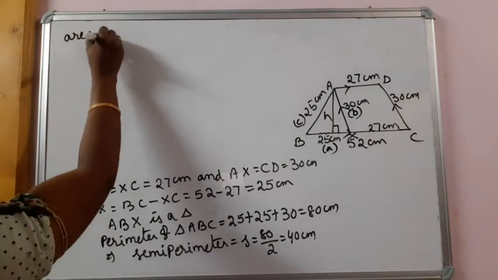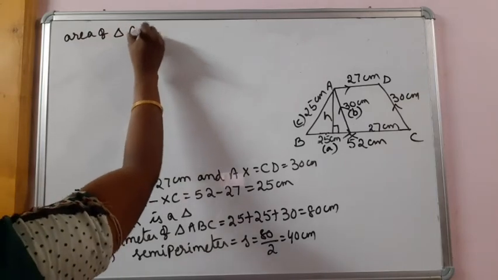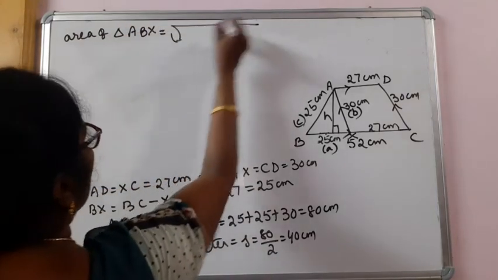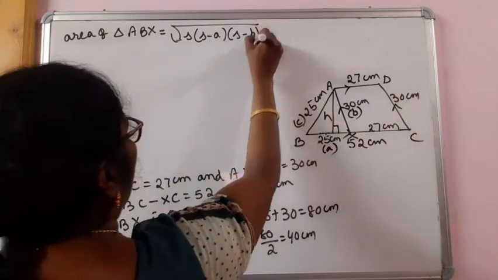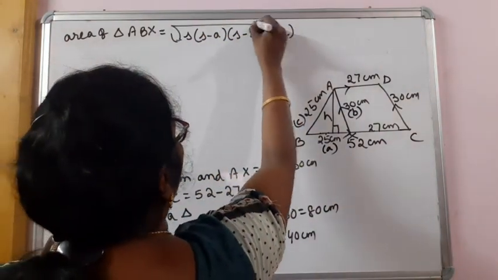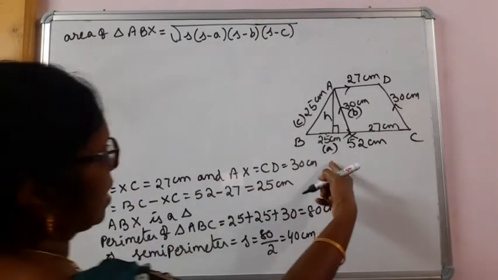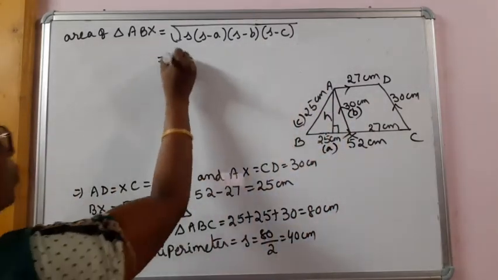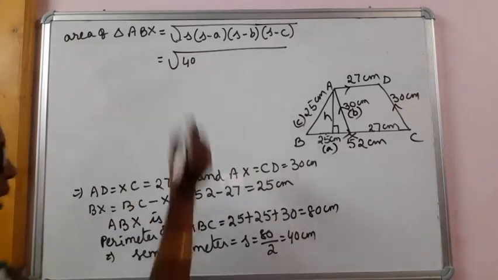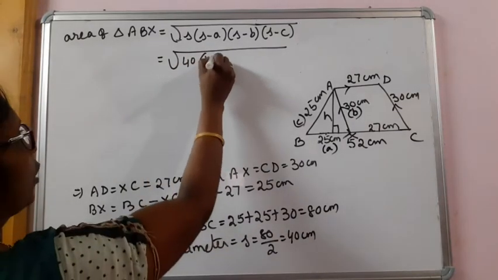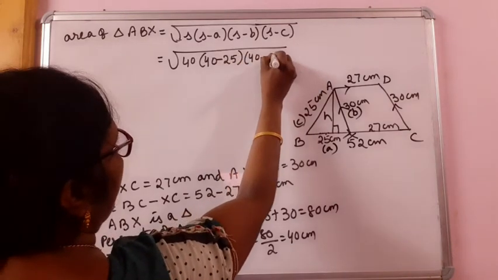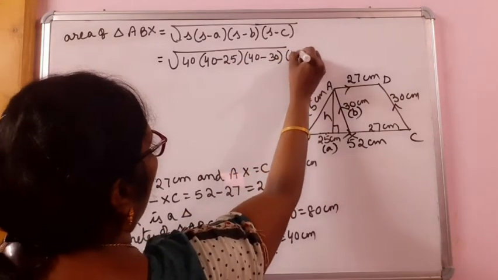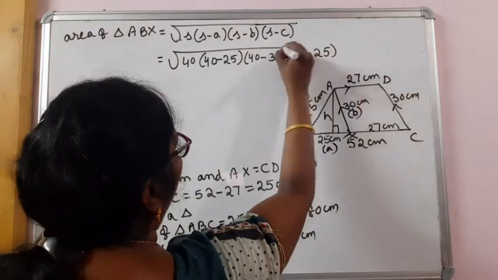Area of triangle ABX is equal to square root of S into (S minus a) into (S minus b) into (S minus c), where a, b, c I have shown in the figure. Square root of 40, that is the semi-perimeter, into (40 minus 25), (40 minus 30), again (40 minus 25).